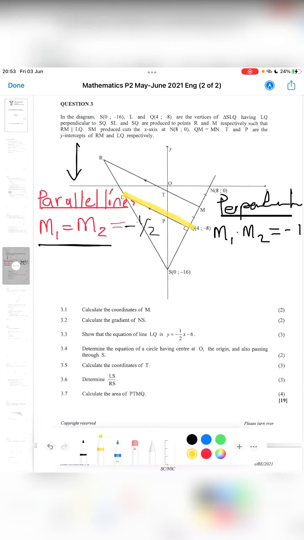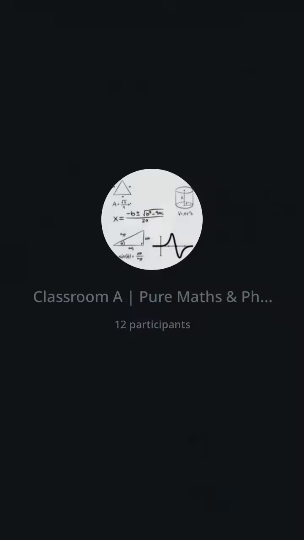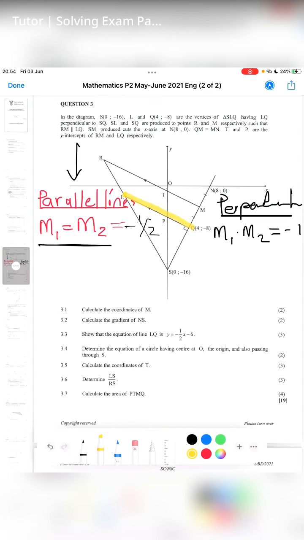The reason why you are saying the gradient of LQ is equal to the gradient of RM is because line LQ is parallel to line RM, so their gradients are going to be equal. Yes, sir.